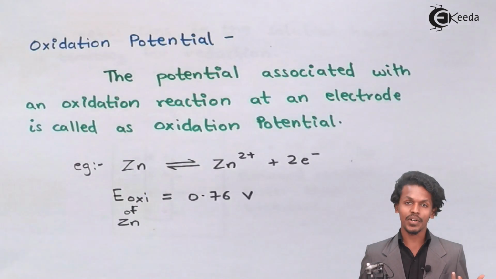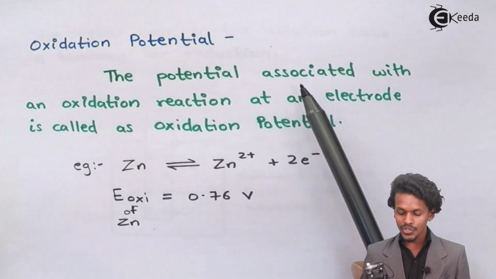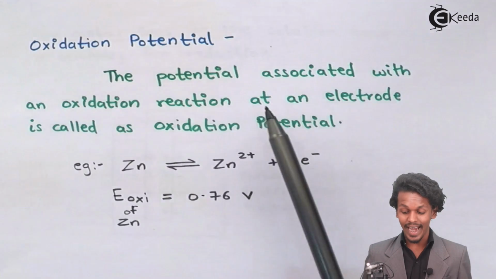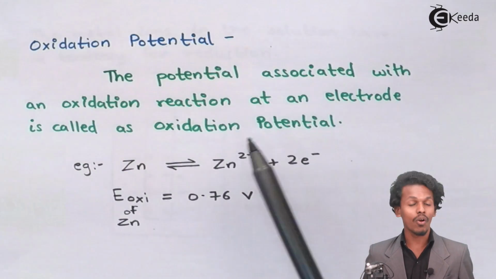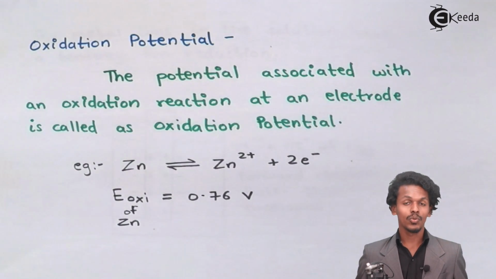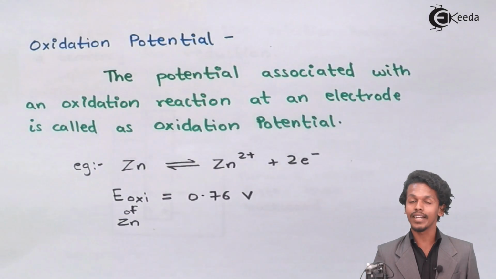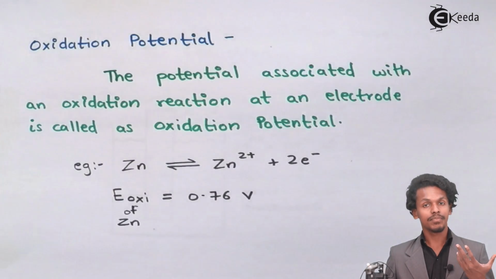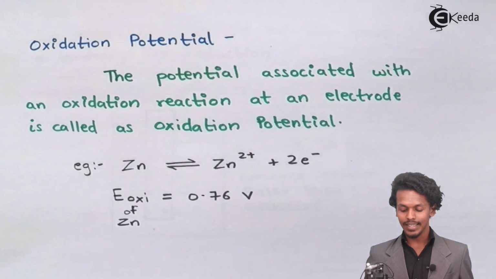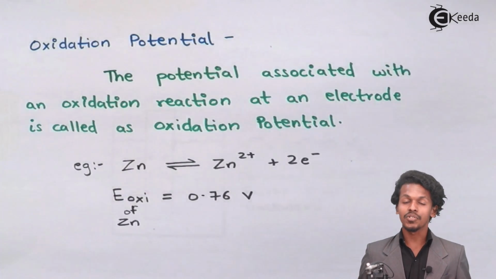What does oxidation potential mean? The potential associated with an oxidation reaction at an electrode is called the oxidation potential. It is the potential developed when electrons are donated by a metal atom.